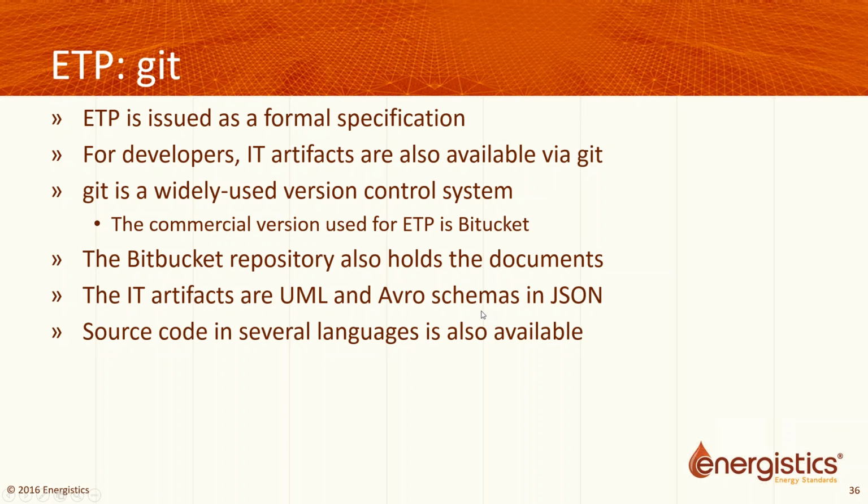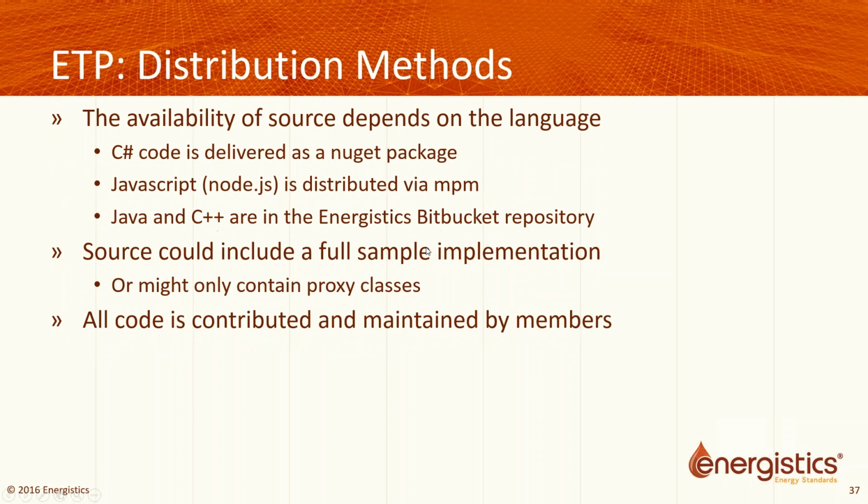And again, you can find more about this either from us or from information that's inside the zip file. So the source that we deliver is not only available through Bitbucket, but if you're a developer, we are using other distribution methods to be able to push this information out as easily as possible to developers.